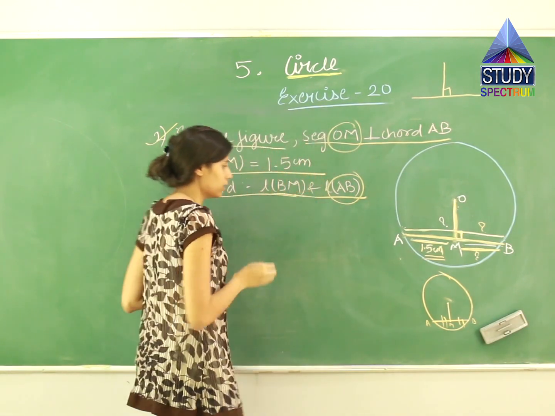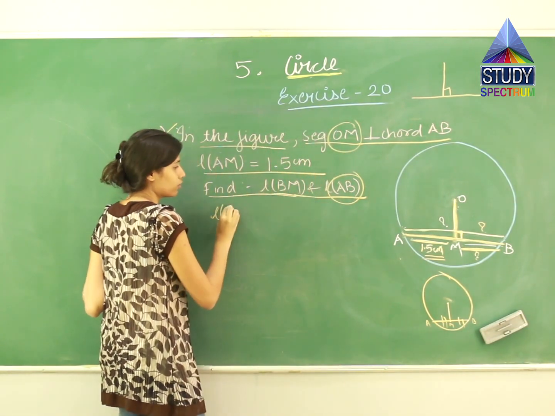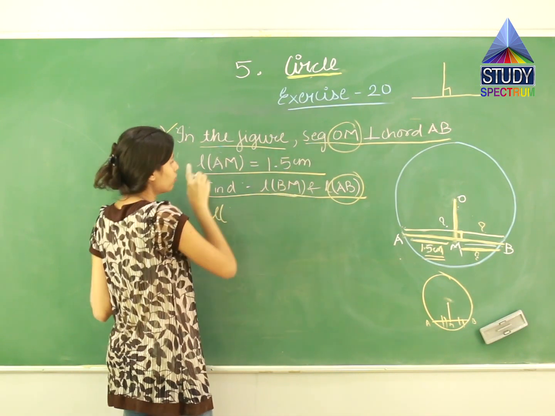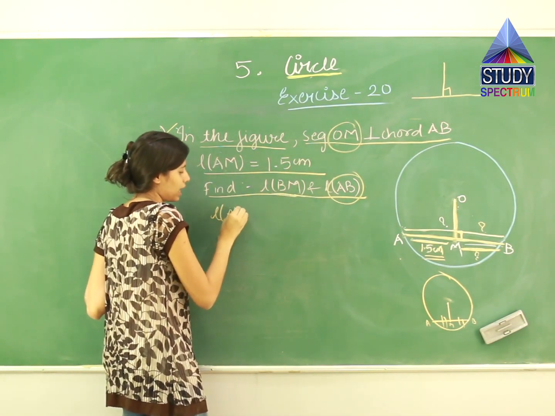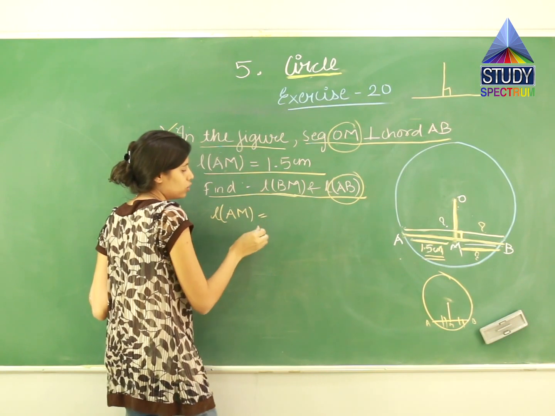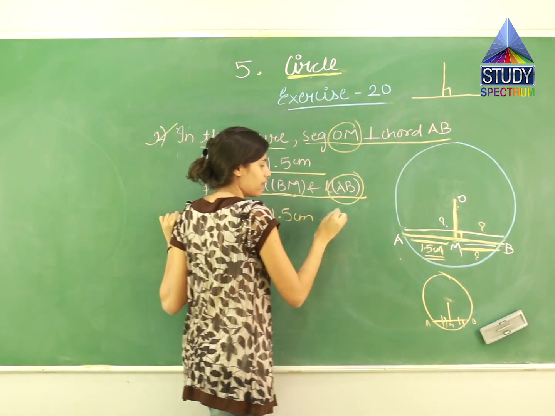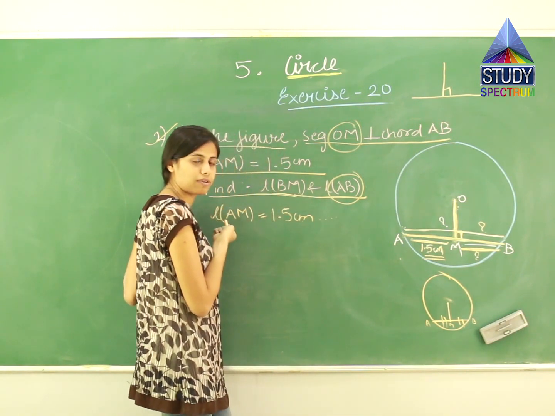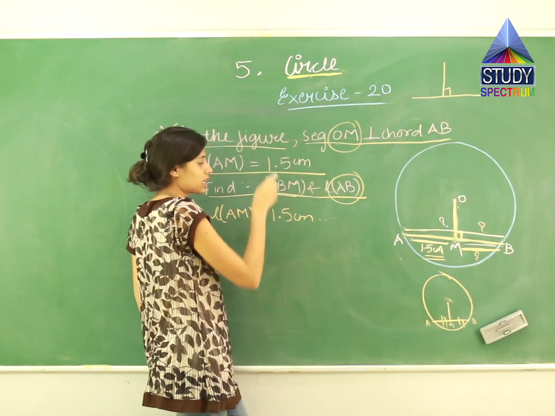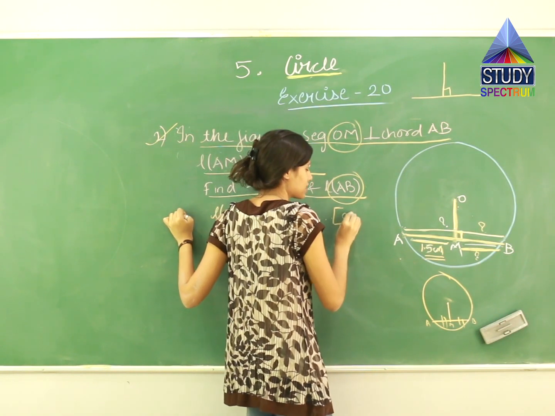So let us write, length of AM is given. So length of AM is equal to 1.5 centimeter. Why are we saying that length of AM is 1.5 centimeter? Because it is given in the question. So we will write the reason as given.